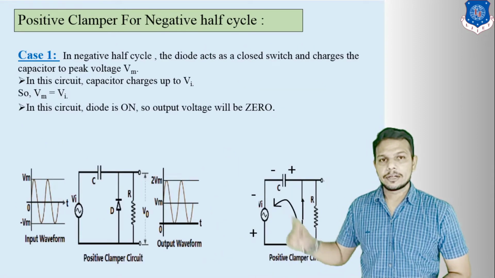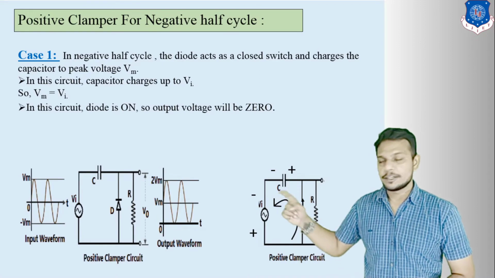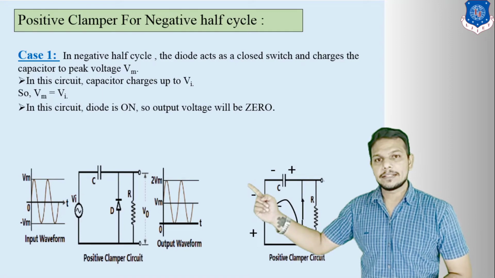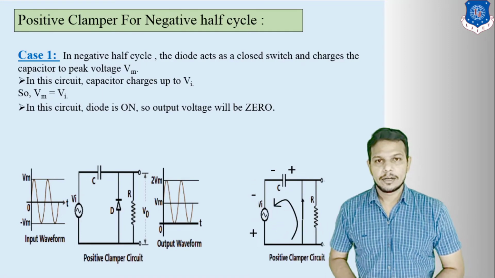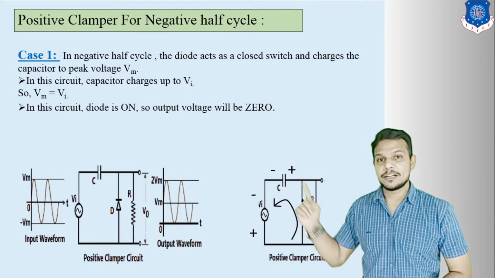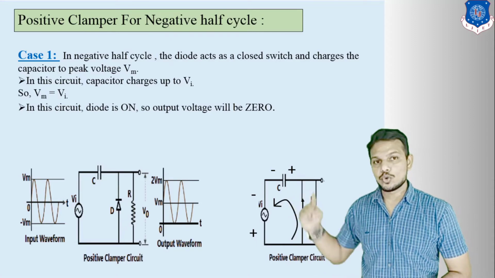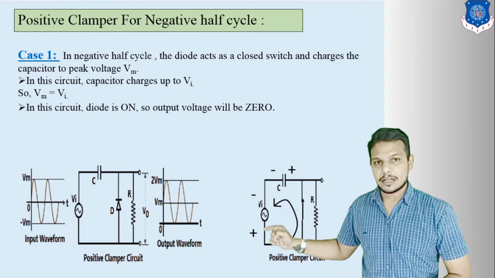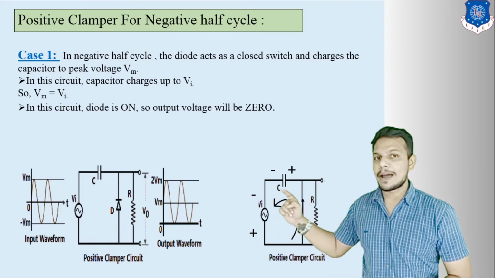Remember this thing here, the capacitor is charging. Here the capacitor is charging, so here is the plus sign and this side the minus sign. A capacitor always discharges from this side, plus to minus, right? So in the first case current is flowing in this manner.